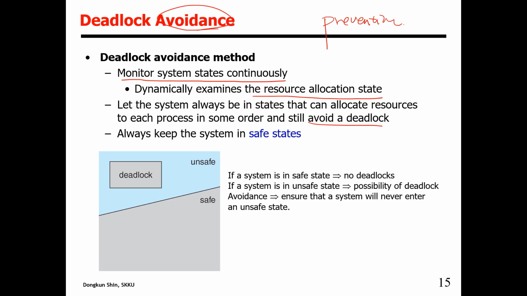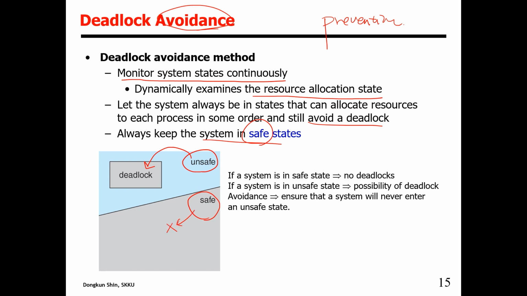So in the deadlock avoidance method, the system is always kept in a safe state. The system can be either in a safe or unsafe state. An unsafe state can generate deadlock, but a safe state cannot.